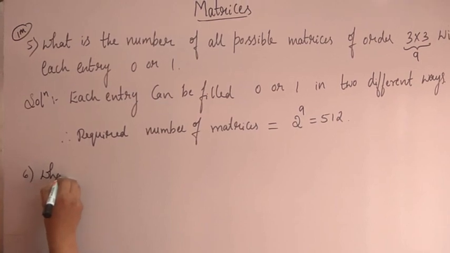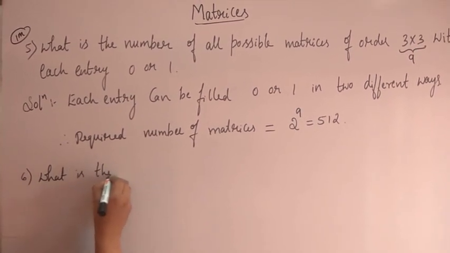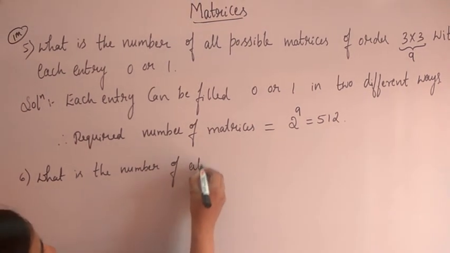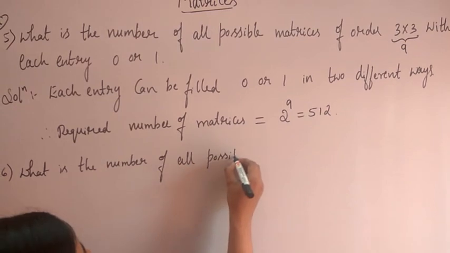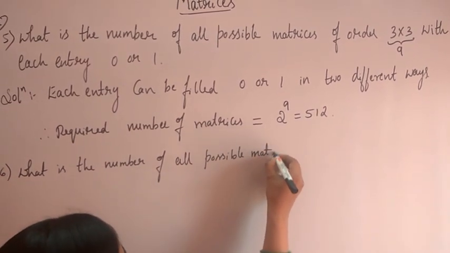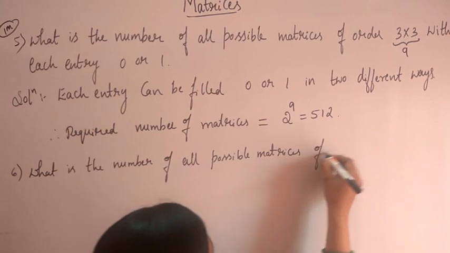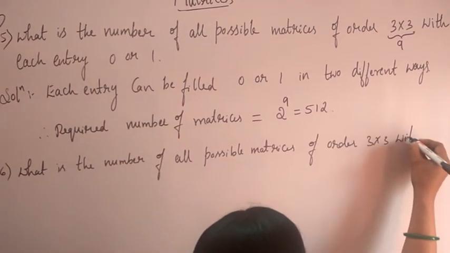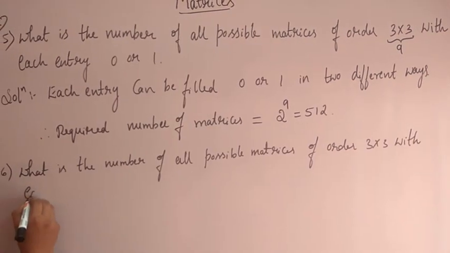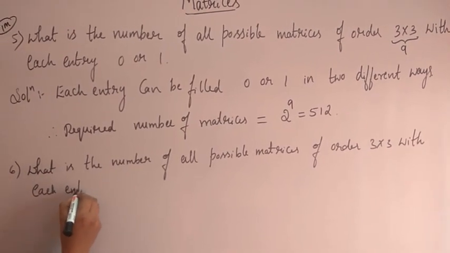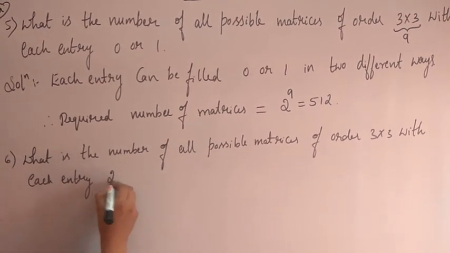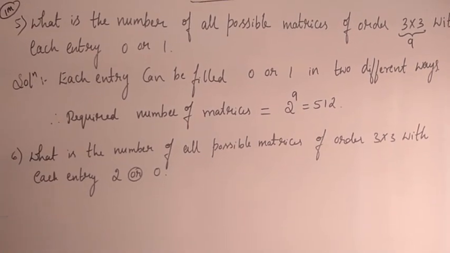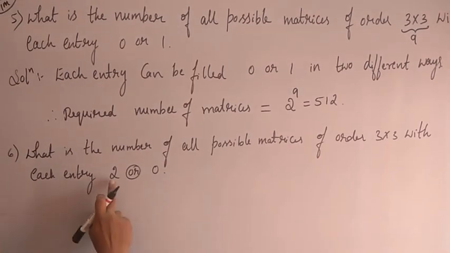Similarly, what is the number of possible matrices of order 3 cross 3 with each entry 2 or 0? See here also they have given two entries, 2 or 0.